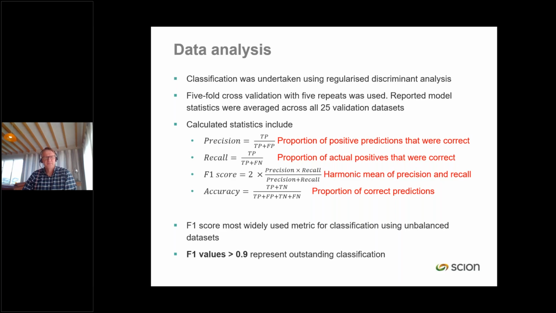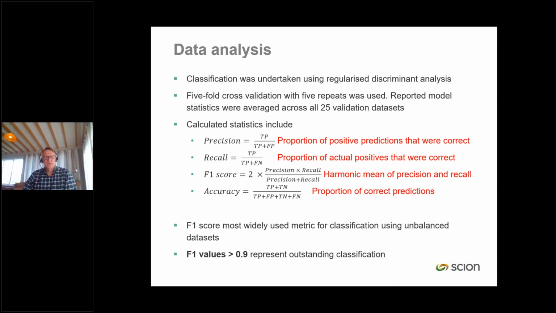The calculated statistics included precision, which is the proportion of positive predictions that were correct, the recall, which is the proportion of actual positives that were correct, the F1 score, which is the harmonic mean of precision and recall, and we also used accuracy because this is a really well-known statistic, which basically gives you the proportion of correct predictions.